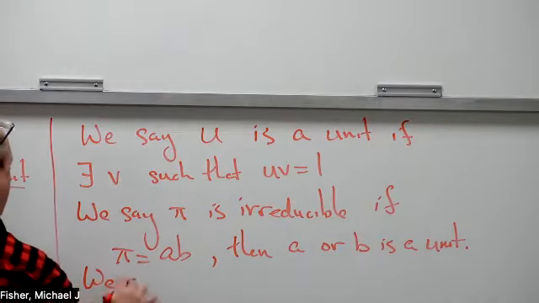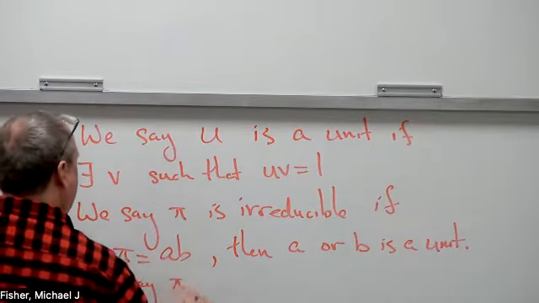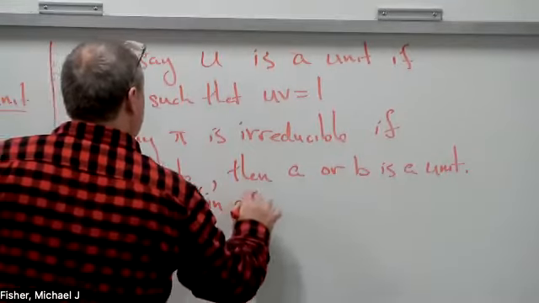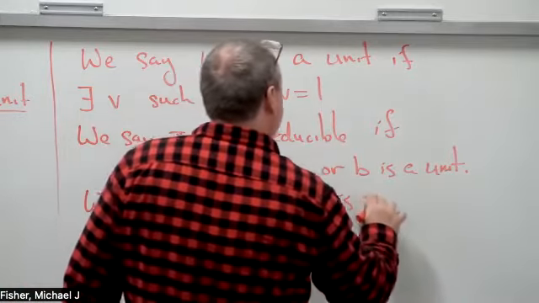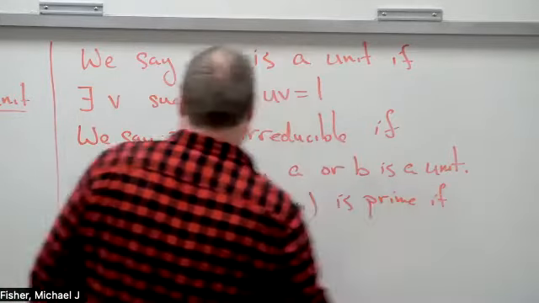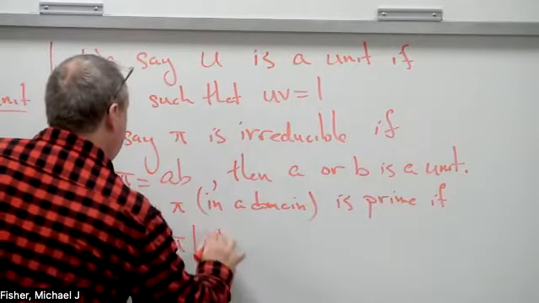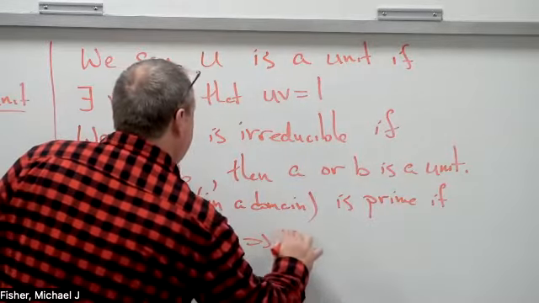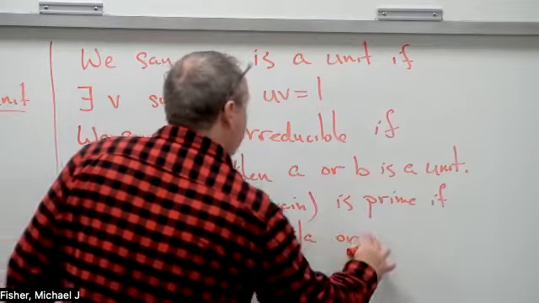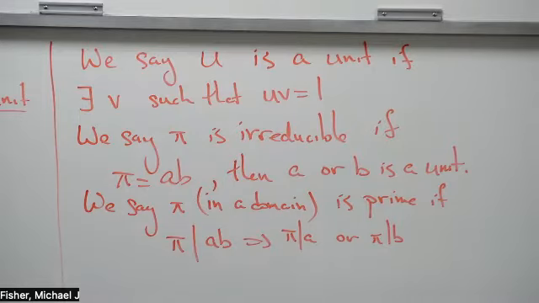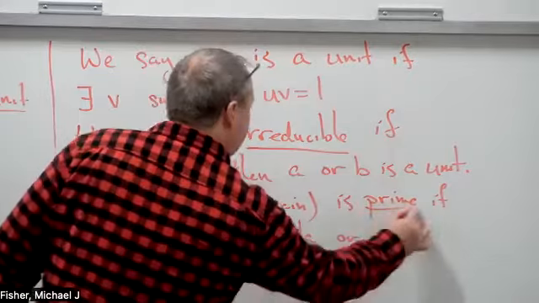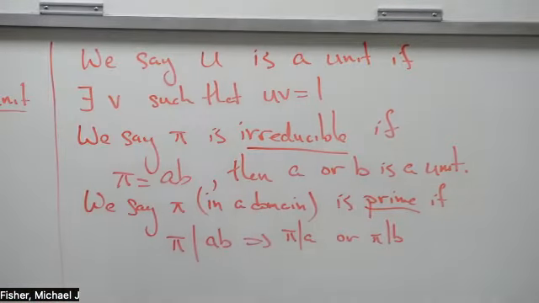And we say pi in a domain, I'm not going to talk about primes in monoids here, is prime if pi divides AB implies pi divides A or pi divides B. So how many of you have heard the terminology irreducible or prime? You heard that in your travels, right?